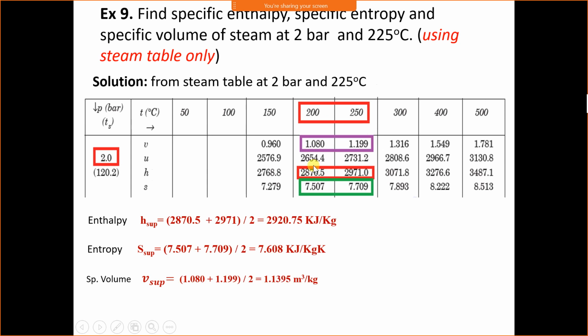But in this problem, 225 is given. We don't have a value for 225, and 225 is a middle value, or we can say the average value, of 200 and 250. Therefore, we are taking the average of these two values. Similarly, for specific volume, we will add 1.080 and 1.199 divided by 2.